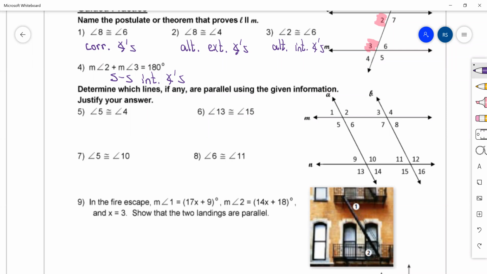So number 5 tells us that 5 and 4 are congruent. Now, I don't use this line, so ignore it for a second. I'm going to ignore it. What kind of angles are those? What kind are 5 and 4? They're alternate exterior.